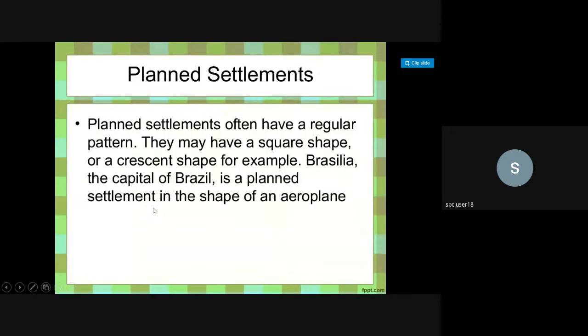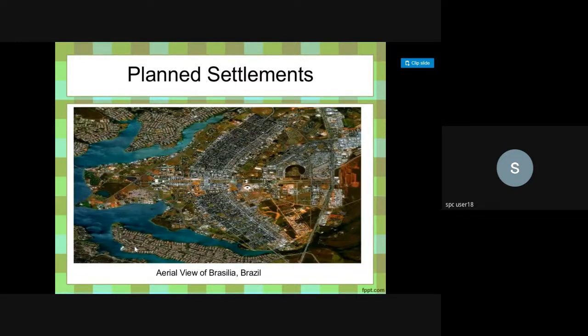Planned settlements: you'll see that the capital city of Brasilia is a planned city. Anyway, I'm forgetting the place name. You see that they have planned it in the shape of an aeroplane.